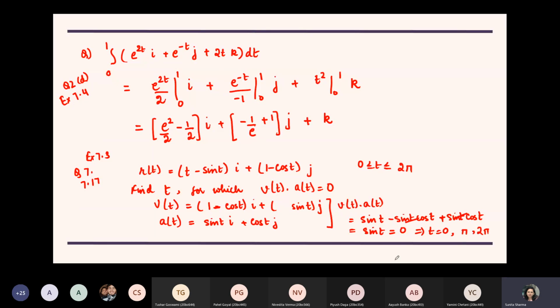So related to this particular topic, you will get some applications of integration or applications of dot product or differentiation, questions which involve velocity vectors or acceleration vectors. You are only required to know the meaning, how to find velocity given the position vector, and how to find acceleration given the position vector.